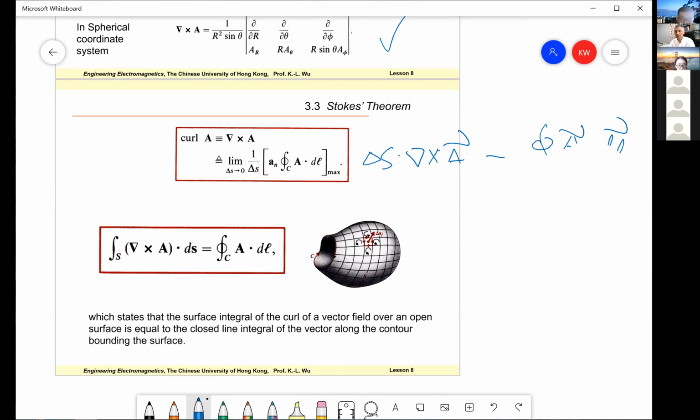I also consider this a vector, and I multiply the a_n on both sides. Then this becomes a vector dot product.